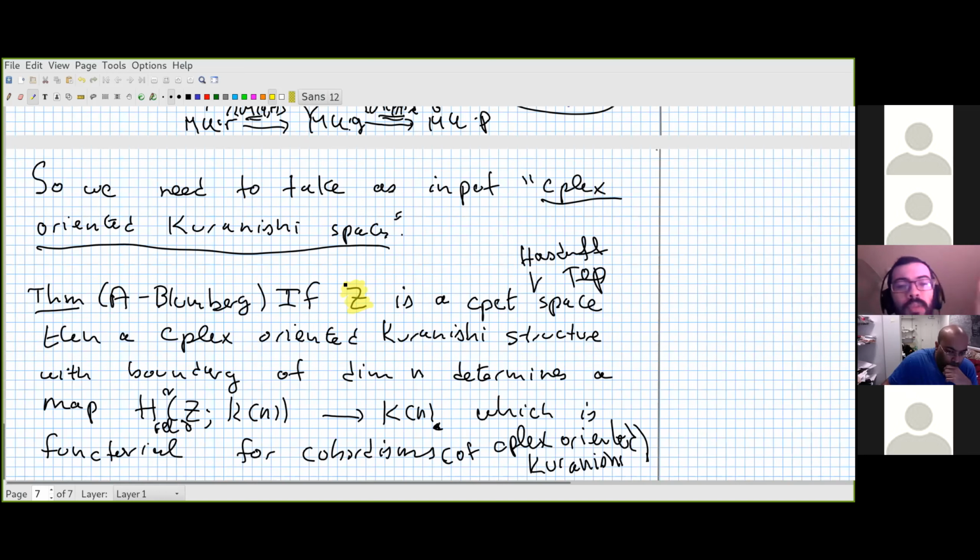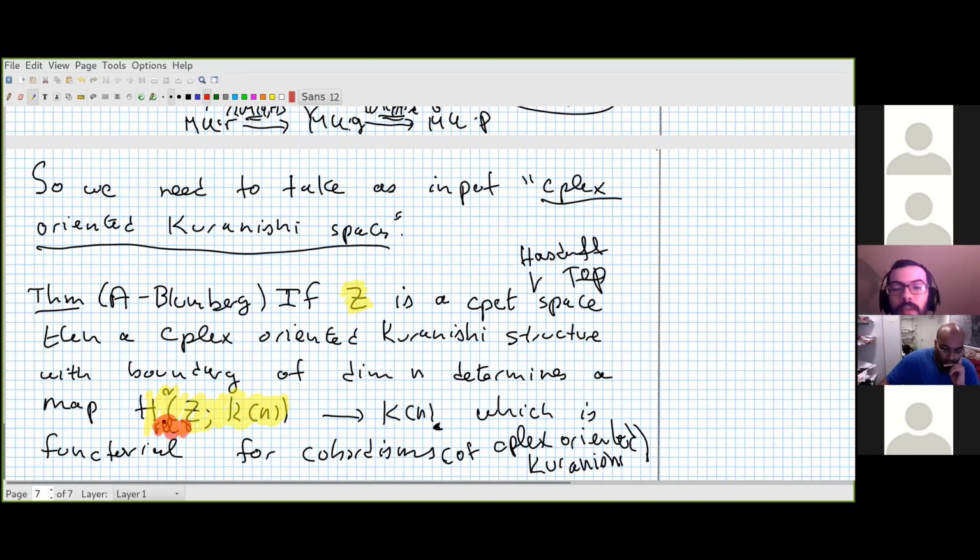Okay, and what we prove is that if you can give it an oriented Kuranishi structure with boundary, then you obtain a map from the cohomology of Z, relative boundary, okay?